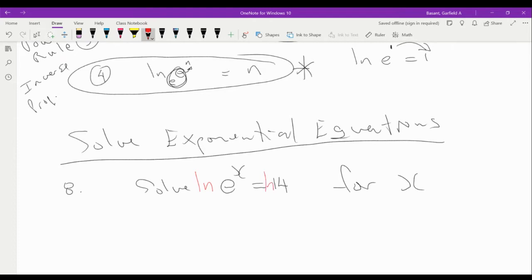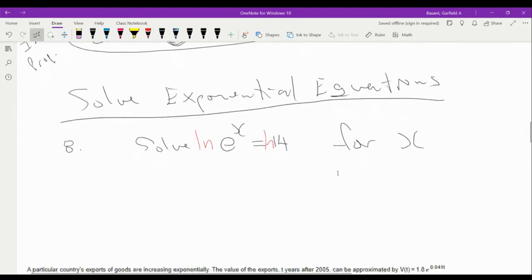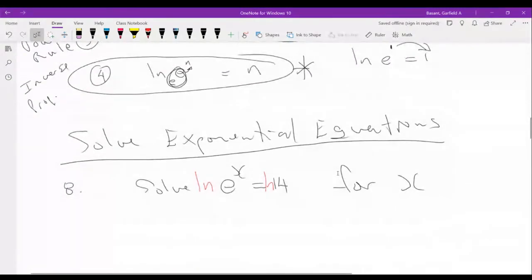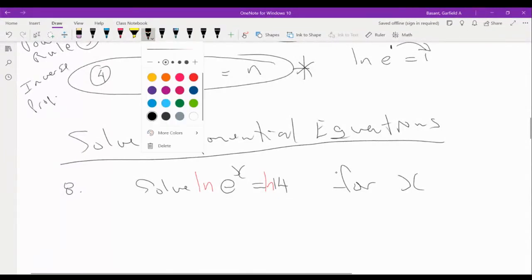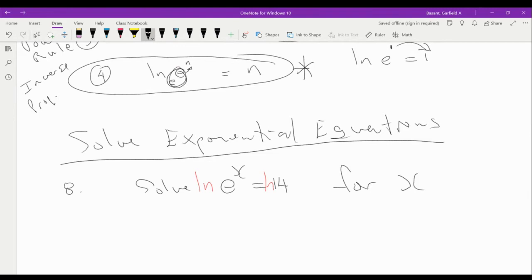There you go. And on the left side, what's going to happen? What do we end up with on the left side? So Carlo, what's the ln of e to the x?